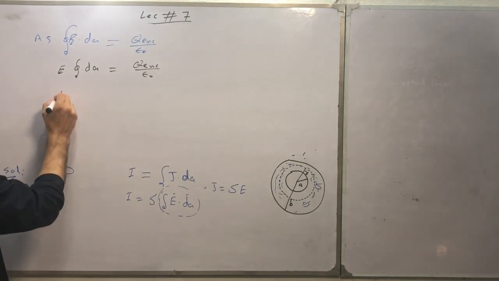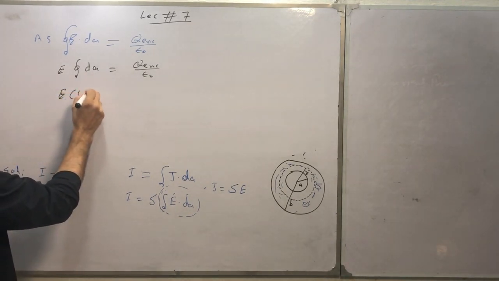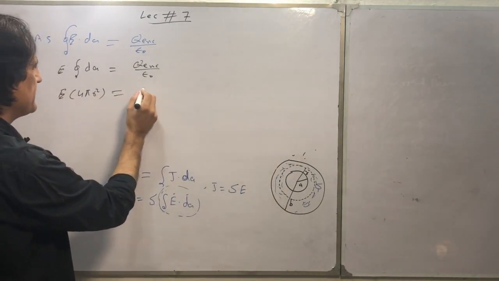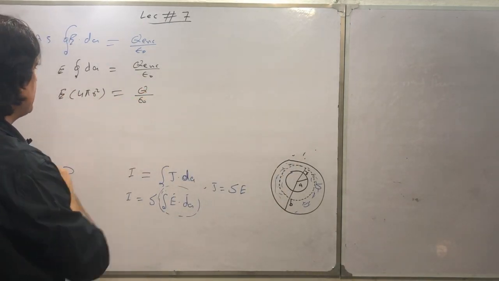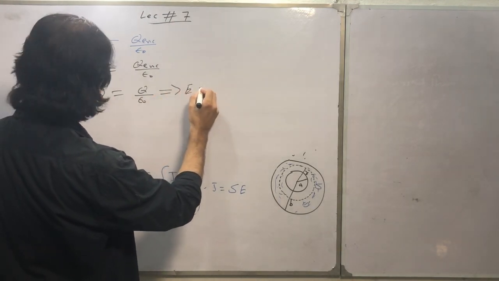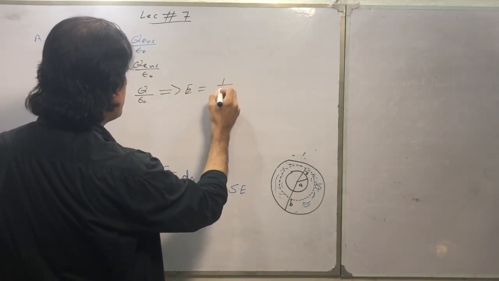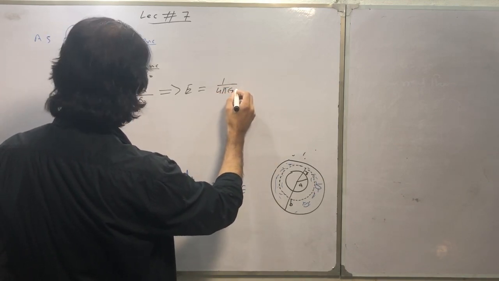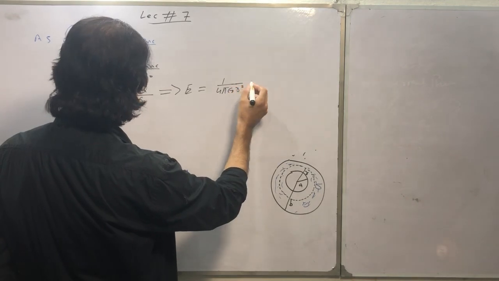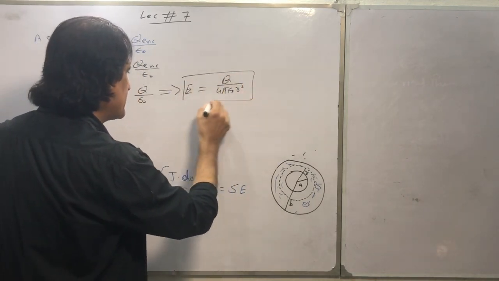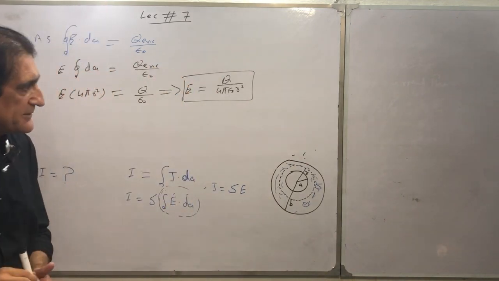This is 4 pi r squared, because the radius is r and the charge is Q, over epsilon naught. It means that E is equal to 1 over 4 pi epsilon naught, Q over r squared. This is the electric field.